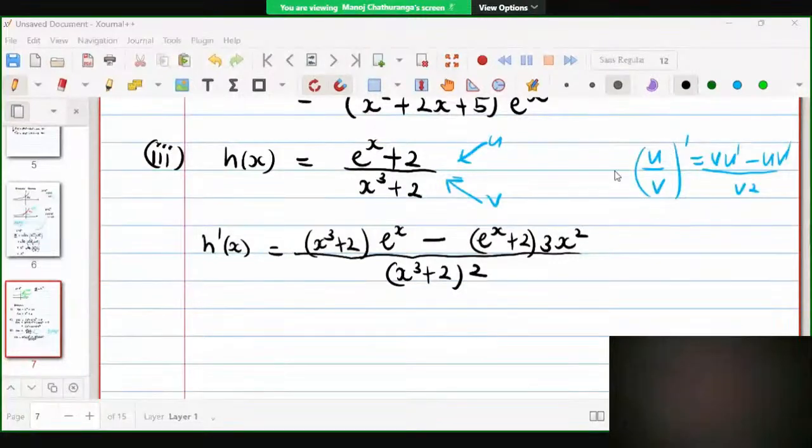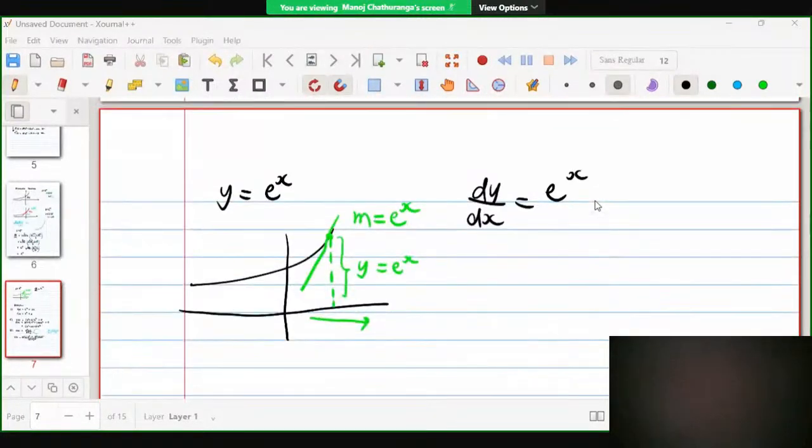Now, you might wonder what if we differentiate another exponential function, something with a different base, like 2 to the power x or 3 to the power x. We will discuss this in our next class.